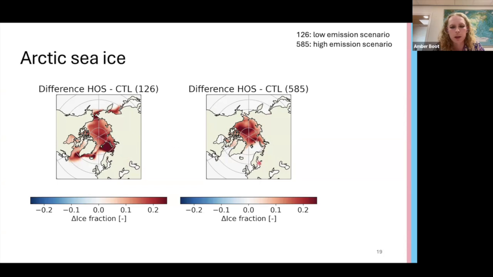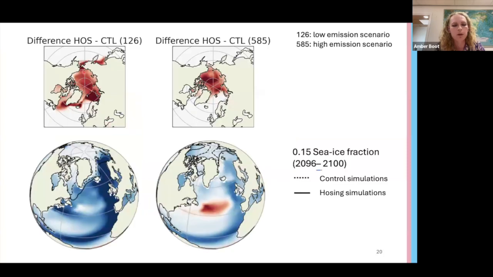Here you can also see the clear difference between the two emission scenarios, which is maybe a little bit clearer on this figure. So this is the same figure again. The contouring in the background is sea surface temperature, but that's not relevant for what I'm trying to show here, because I want to focus on the lines. This is the 0.15 sea ice fraction line averaged over the last 5 years, where the dashed line is the control simulation and the solid line is the hosing simulation. You can clearly see what we see also in the figure over here, this strong increase in sea ice.